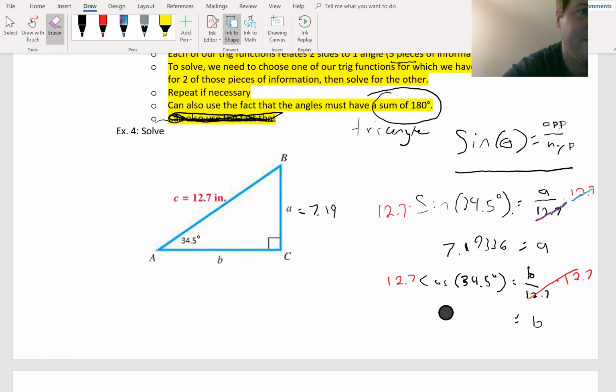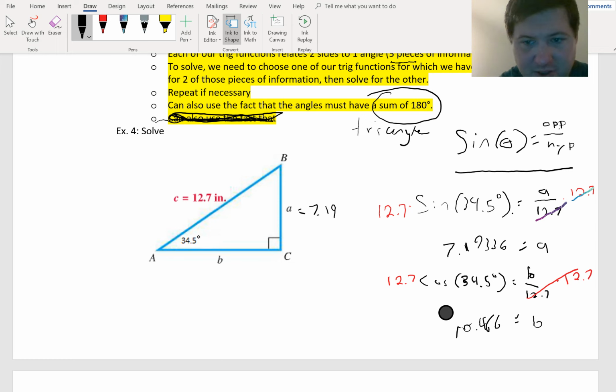Oh well. Super weird. 10.466. Sorry this is so messy. Apparently drawing on the screen with a plastic pen is harder to control than I thought.